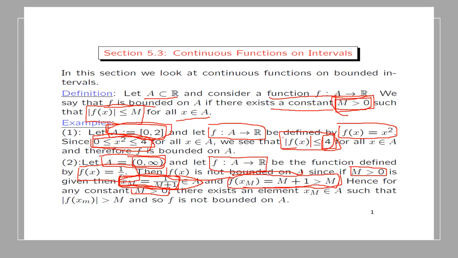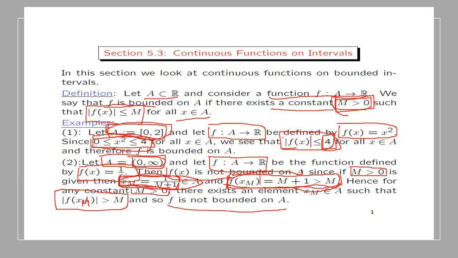And if you take the magnitude, since both m plus 1 and m are positive, you end up with the fact that the magnitude of f of xm is bigger than m, so that f is not bounded on A. Why?